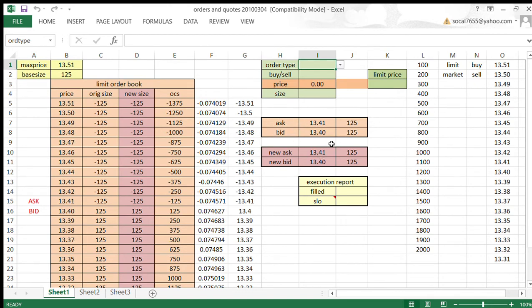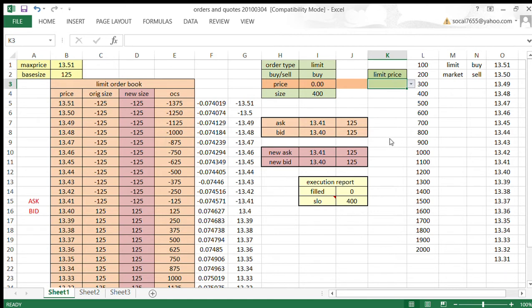Now, what this spreadsheet does is it helps you understand how exchanges respond to orders. Up here you have order type, and in column I, you click on this little thing, and let's say we want a limit order to buy, and let's say we want to buy 400 shares.